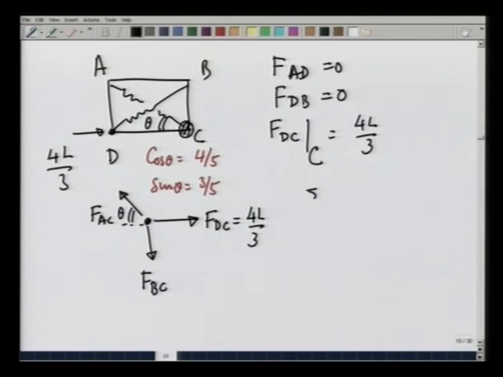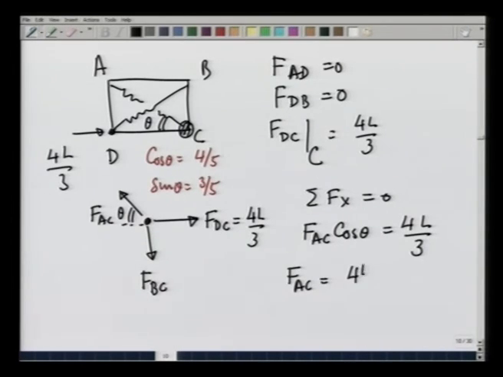So, summation F_x equal to 0 on point C gives me F_AC cosine theta equals 4L by 3. So, F_AC is equal to 4L by 3 divided by cosine theta.